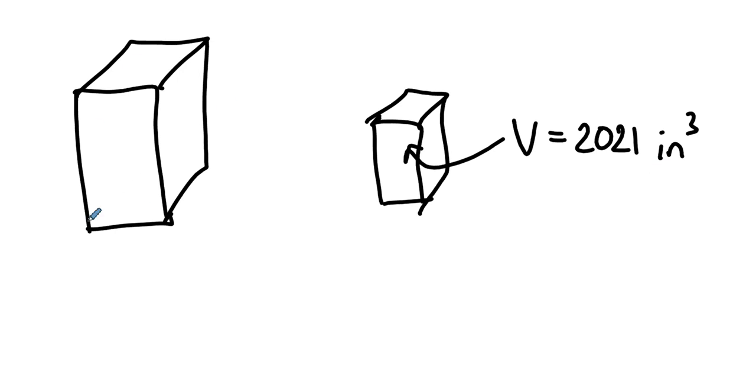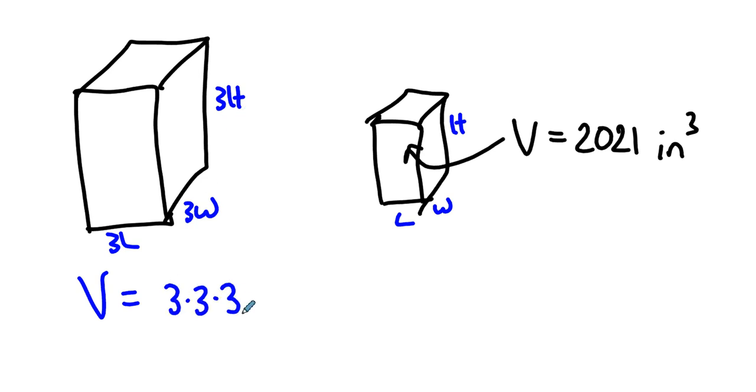And here's a prism that's made by, so whatever length, width, height are here, this is 3L, 3W, and 3H over here. How do we find the volume of that prism? Well, 3 times as big, 3 times as big, 3 times as big, 3 times 3 times 3 is 27 times that 2021, whatever that number happens to be.